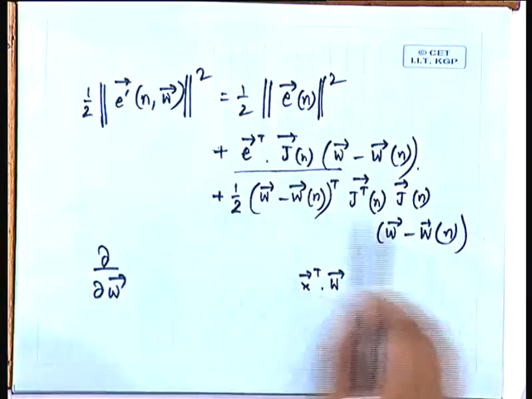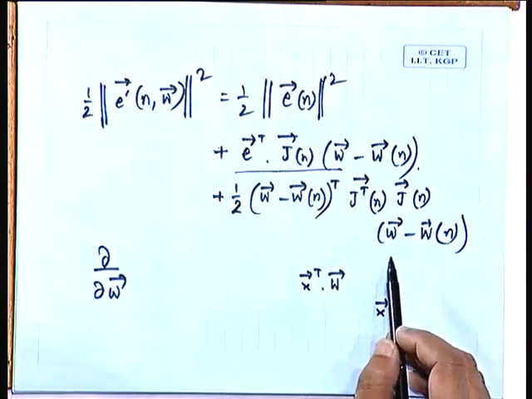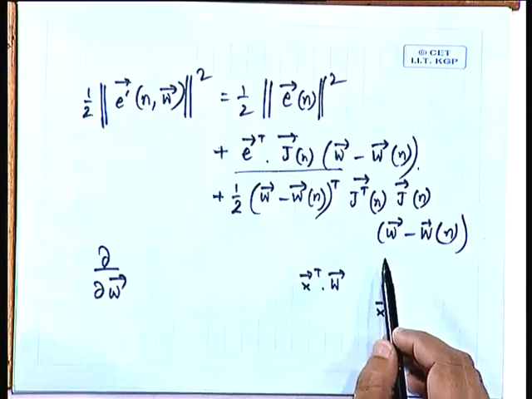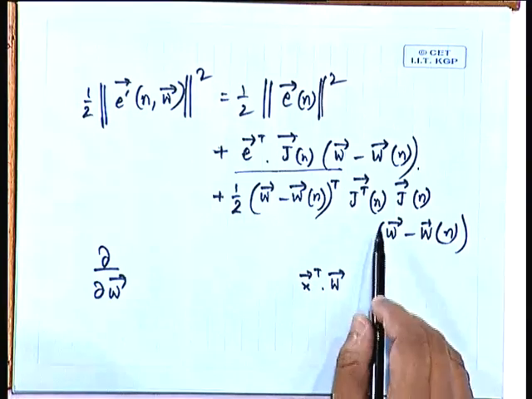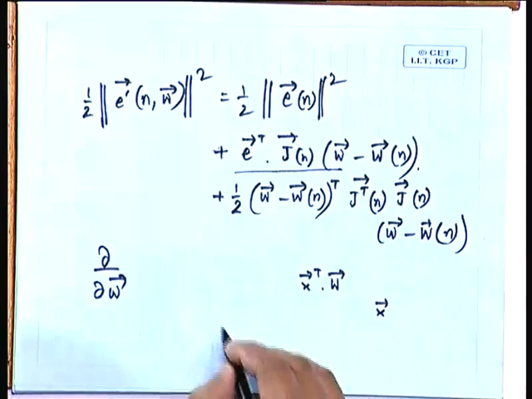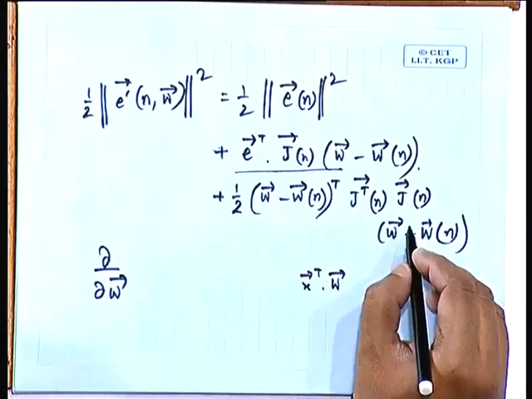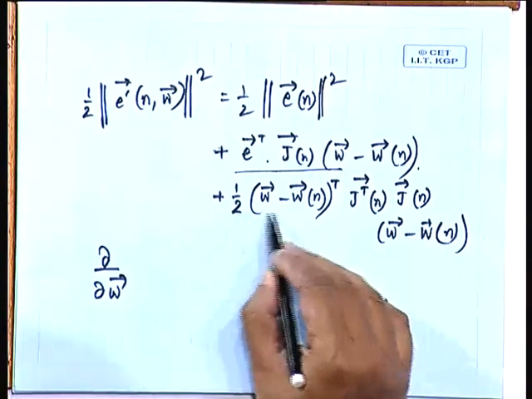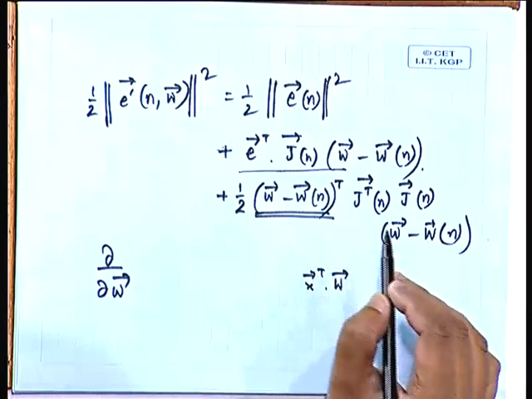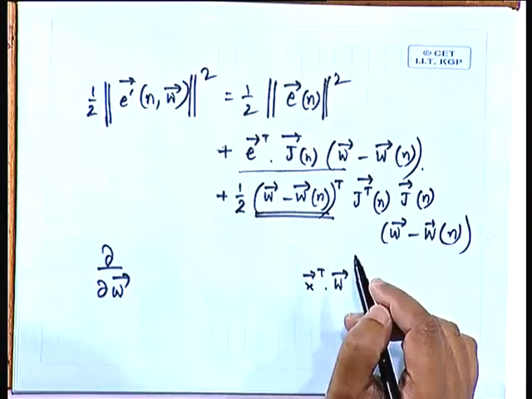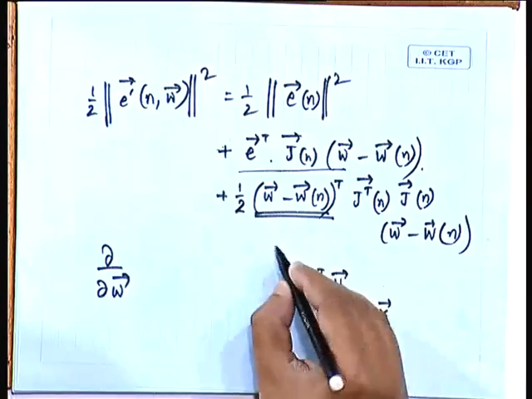And then here, what do you get out of this term? If you look at it, this thing is a quadratic form of expression, isn't it? So, we have W minus W n. Let us call it y.